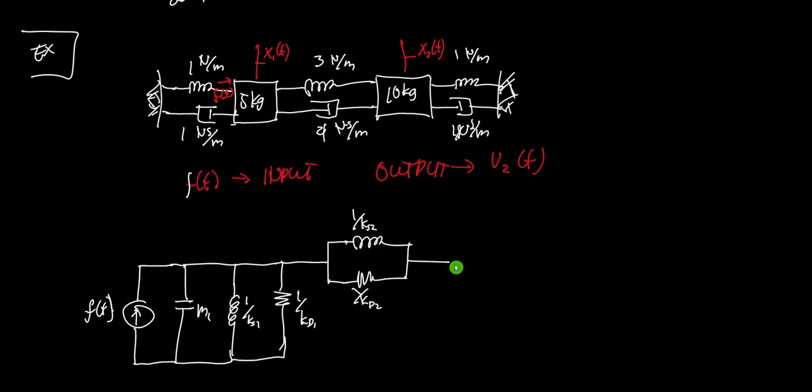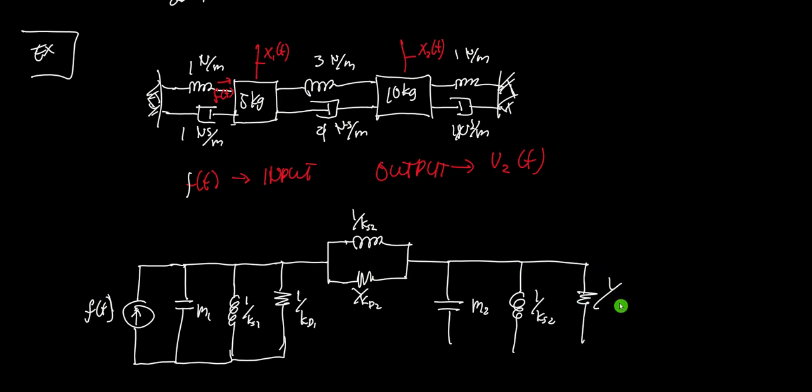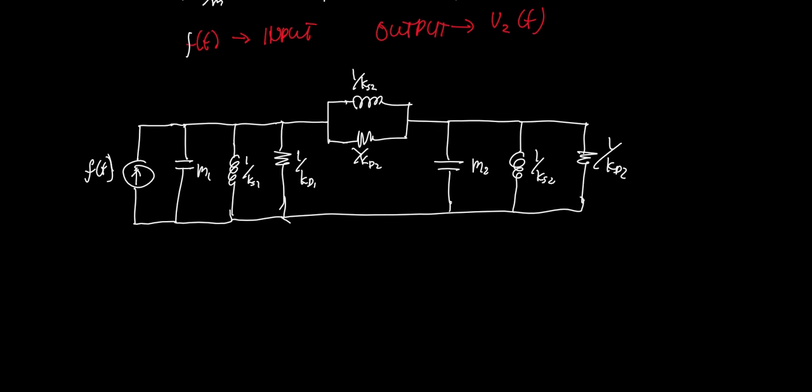Then for this right side, we have again the mass. So this will be mass 2, and we have again the inductance equivalent to 1 over Ks2, spring constant. And for the damping, it's equivalent to the resistance 1 over Kd2. And we connect them, and this will be the equivalent circuit of that problem.